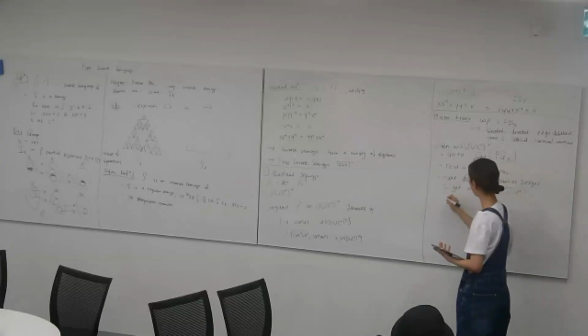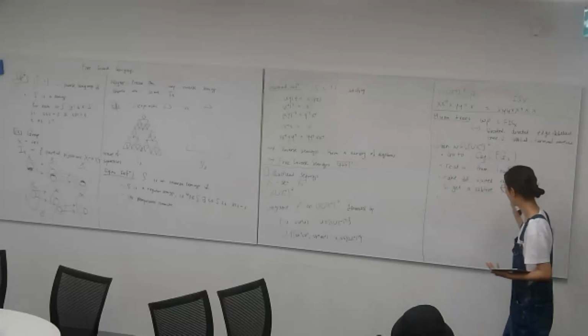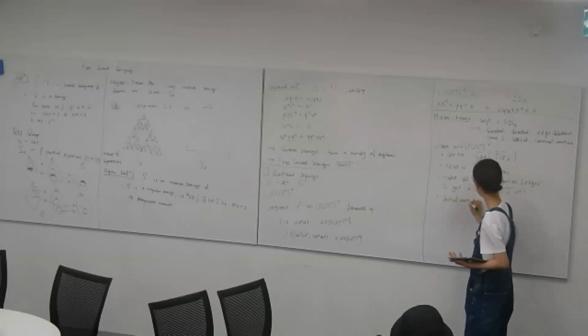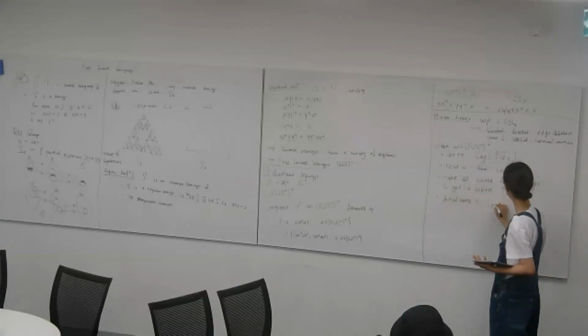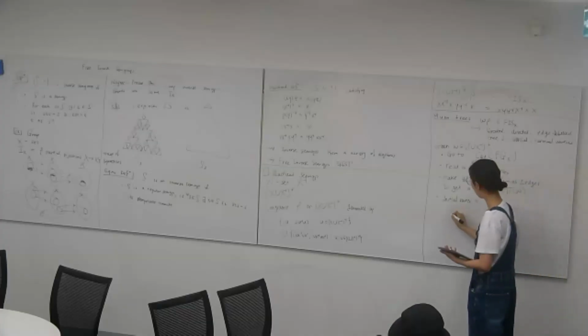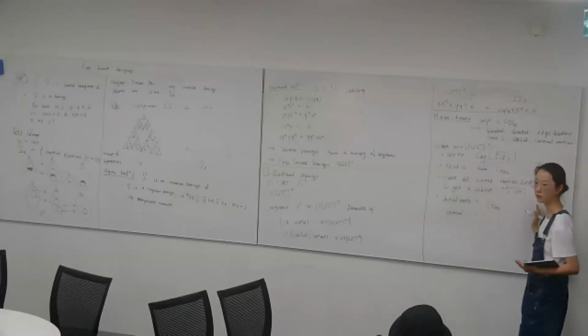But we need to specify some initial and terminal vertices. So the initial vertex will be the identity of the free group on X, and the terminal vertex will be where you stop reading.